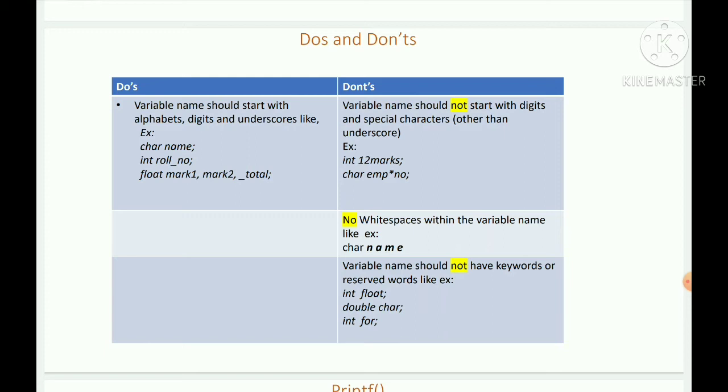It doesn't make sense, but sometimes developers do it this way and the compiler won't accept it. Here is a simple example: int is the data type, and I give the variable name as for. Since for is one of the reserved words in the C language, it won't accept it.